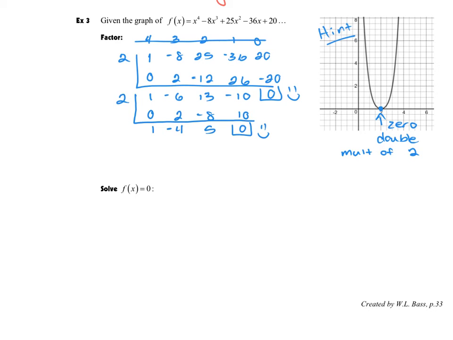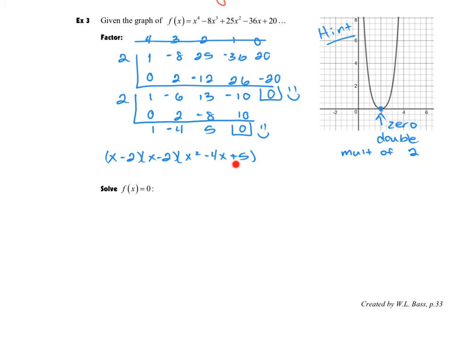So we can write this in its factored form. We can have an x minus 2 and an x minus 2. And then I have my reduced polynomial that is now down to a degree 2. What I know is that this quadratic right here is not going to factor anymore.